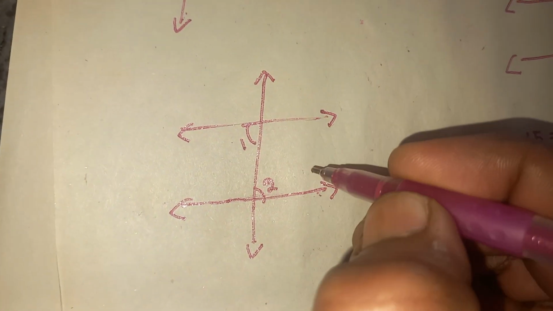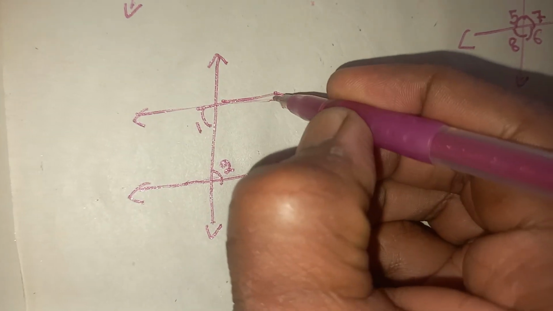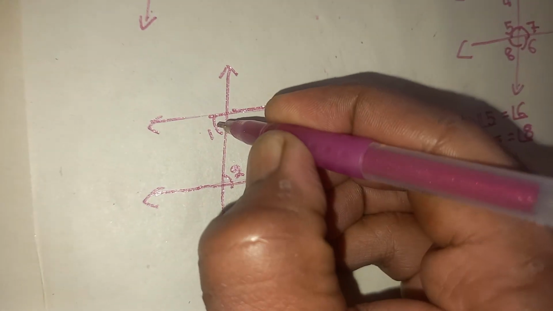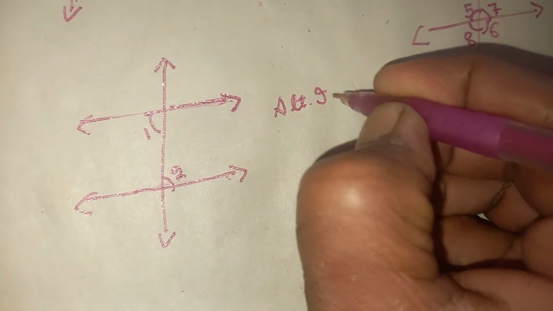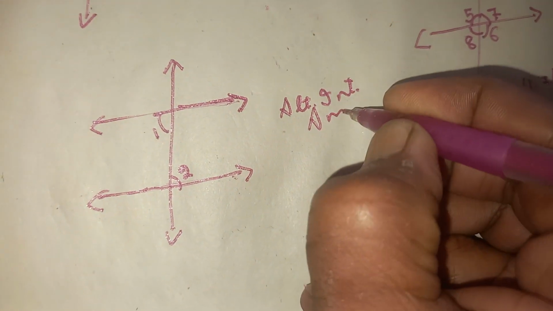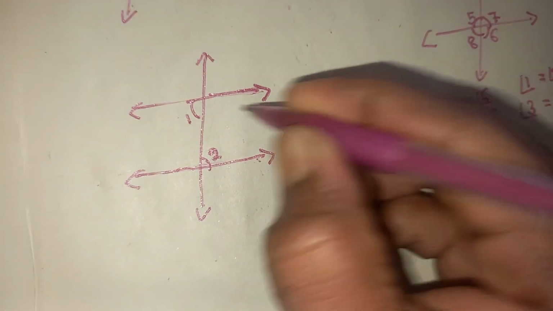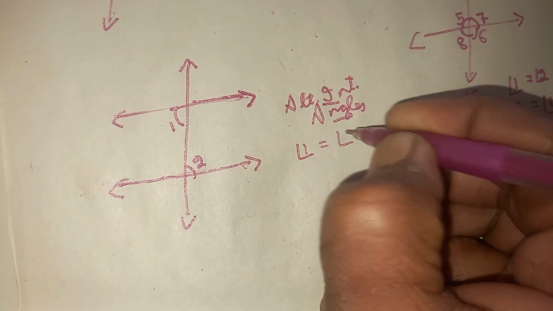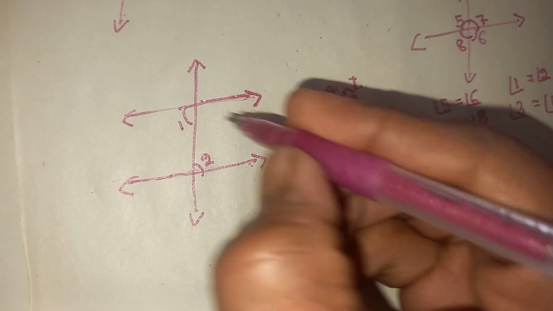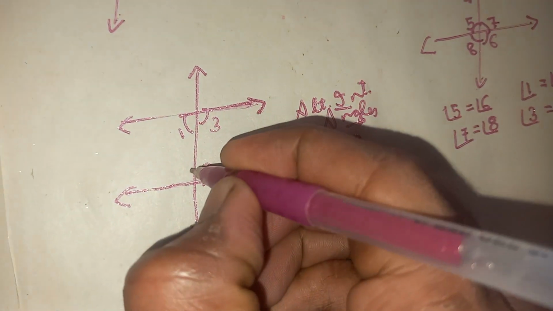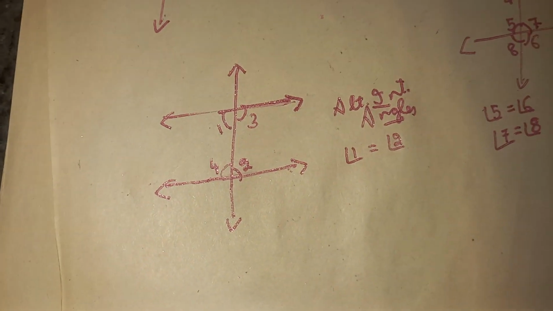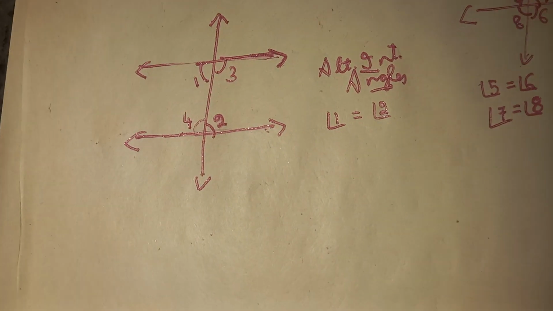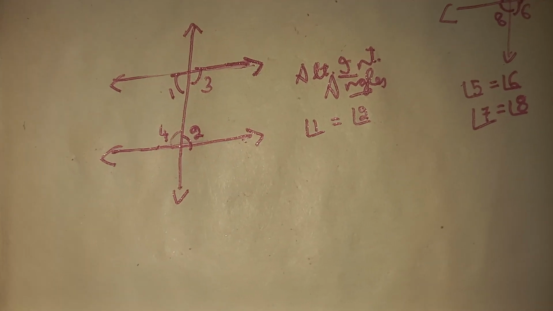They are interior angles between the parallel lines, and they are alternating, here and here. Angle 1 and angle 2 are equal, and angle 3 is equal to angle 4. They are also alternating interior angles.